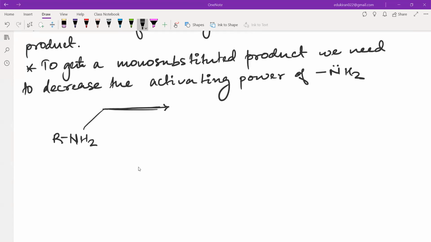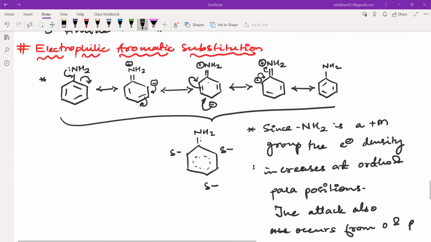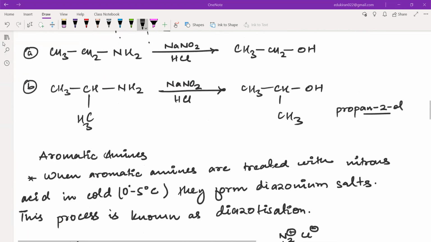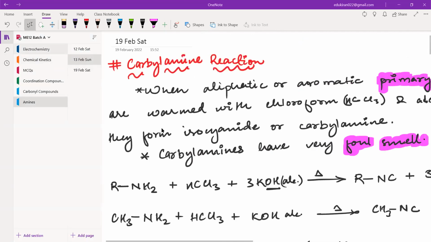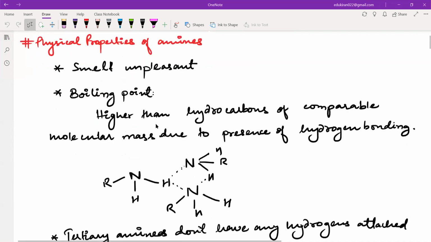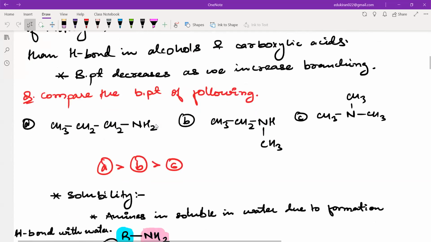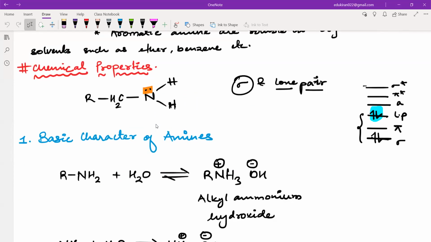Aliphatic amine and ammonia. Okay, that was the first reaction. No, you have to see in chemical properties. What is the first chemical property? Sir, I wrote the notes. Basic character of amine.